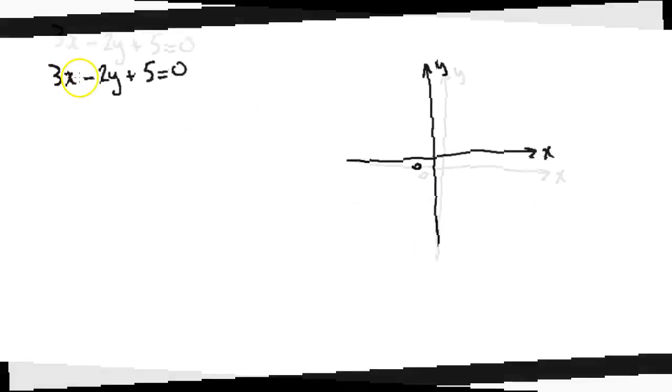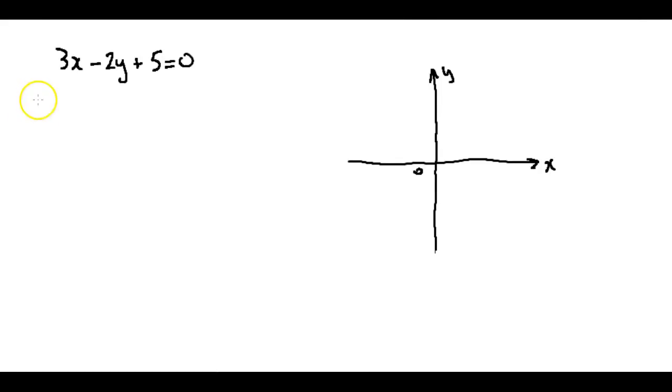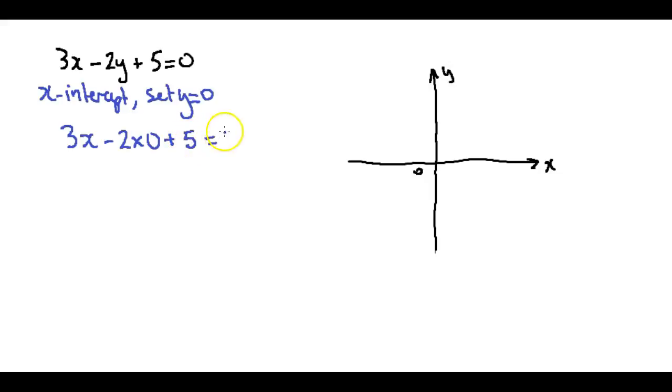In my next example, let's sketch this straight line. So first we'll find the x-intercept by setting y equal to 0. Replace y. So this disappears. Change the side, change the sign.